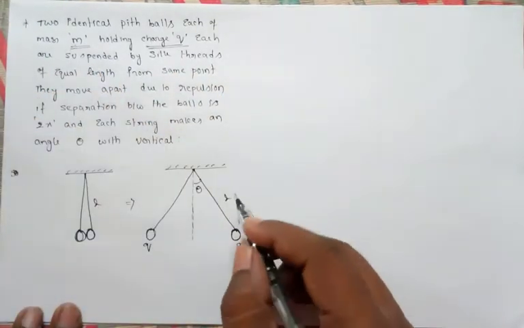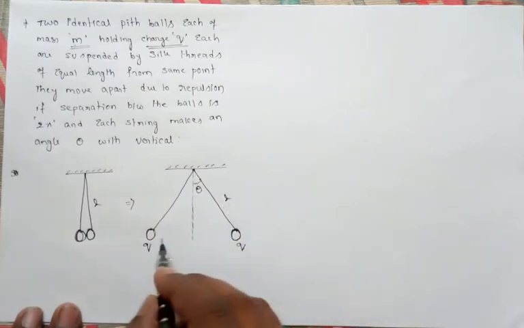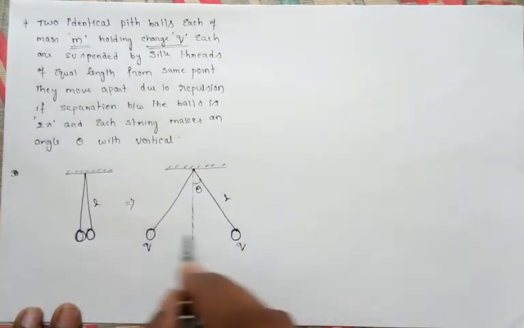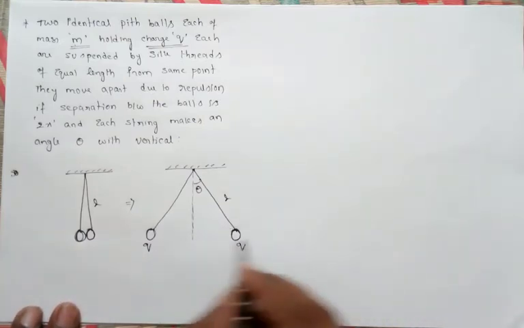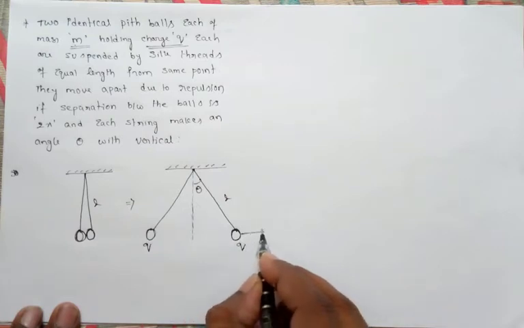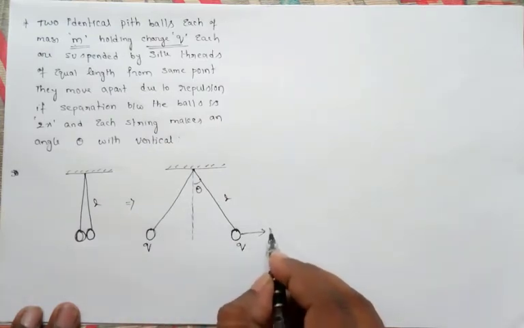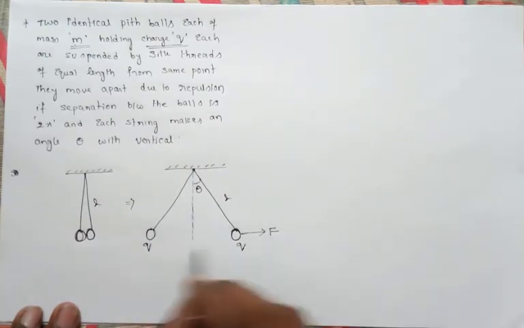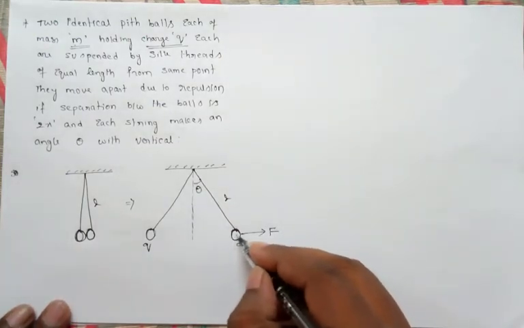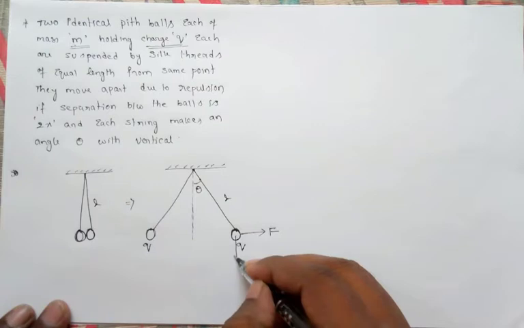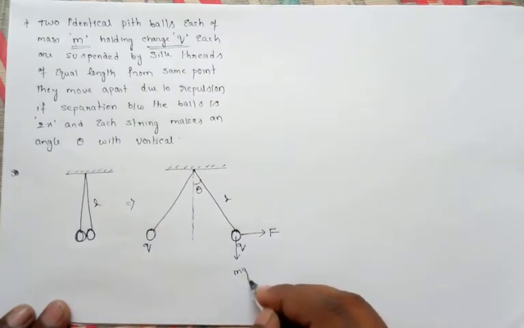Now you may understand what force is exerted on each: the force exerted by one over the other is the Coulombic repulsive force, which acts in this direction, away from the other charge. And it has some mass m, so its weight mg acts downwards.